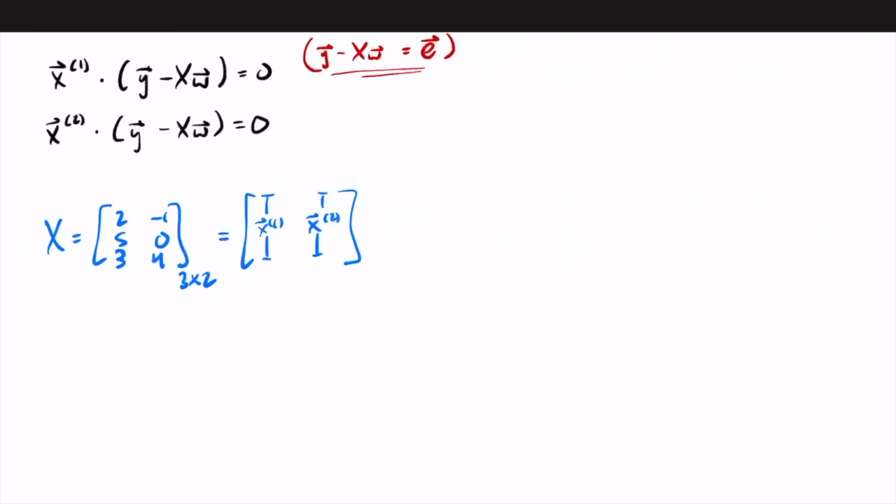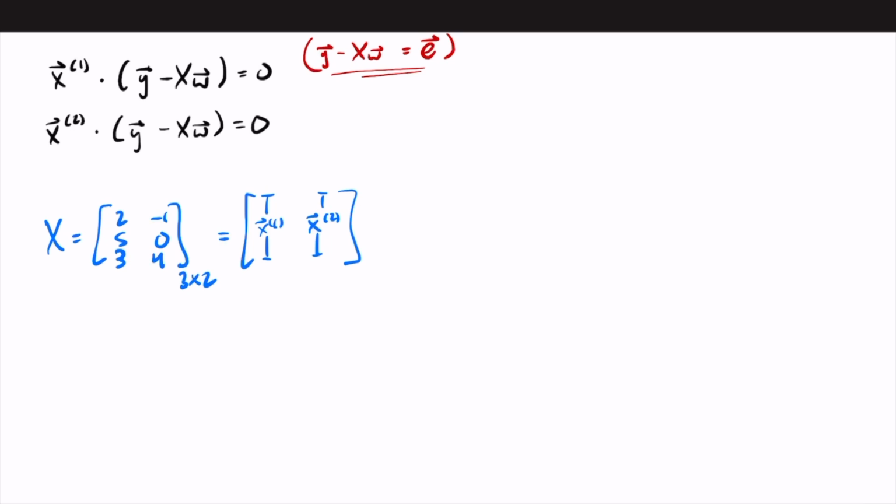So in order to do that, we need to take the transpose of x, because we want to multiply that by some weight vector. And that weight vector is going to be in the same dimensional space. In order to multiply that by x, as we've seen in previous slides, we need to take the transpose. So what would that look like?